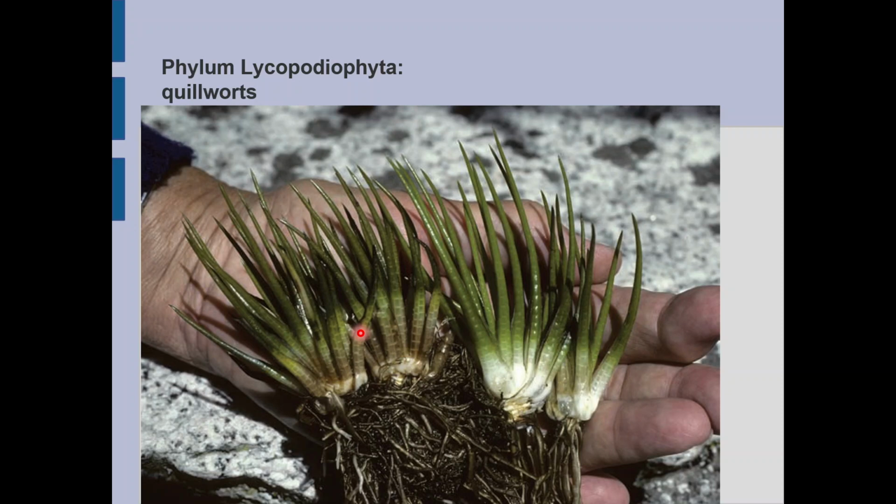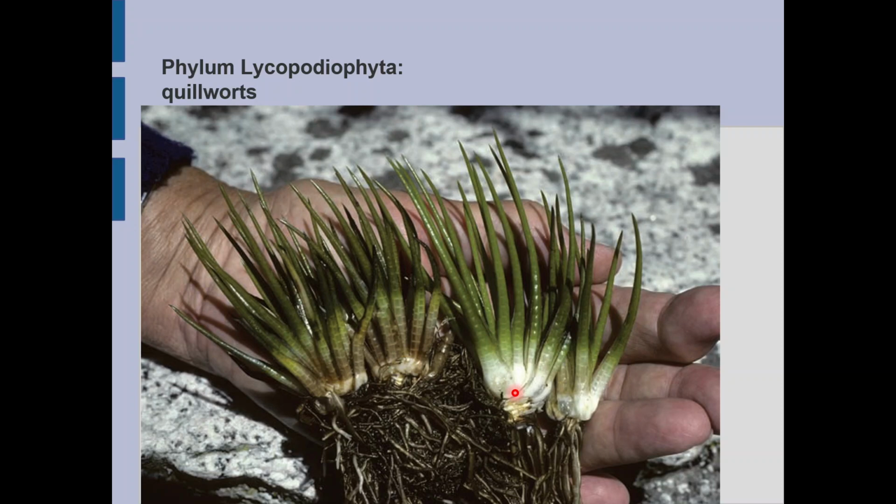They have a corm, a short swollen underground stem, and cylindrical quill-like leaves that are microphylls. They grow from the base of the corm. Roots that arise from the corm divide dichotomously, and there are no aerial stems.